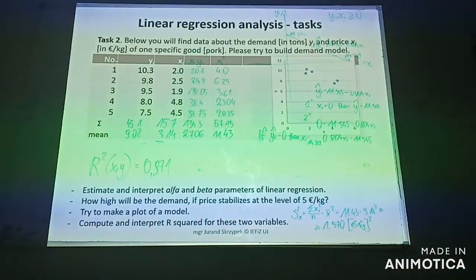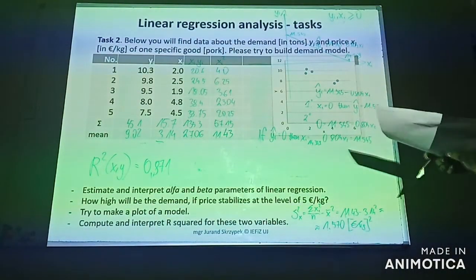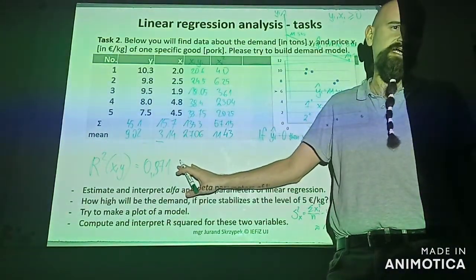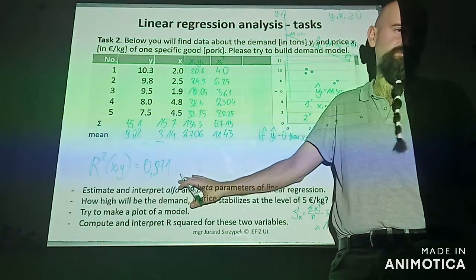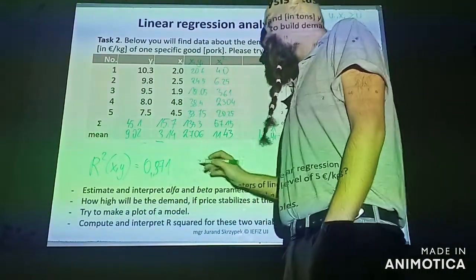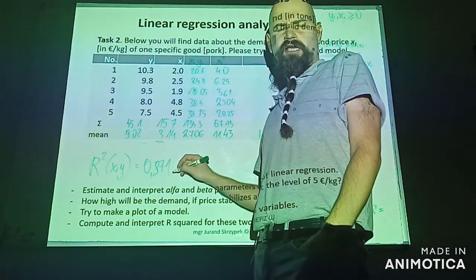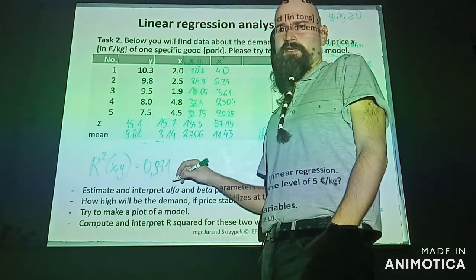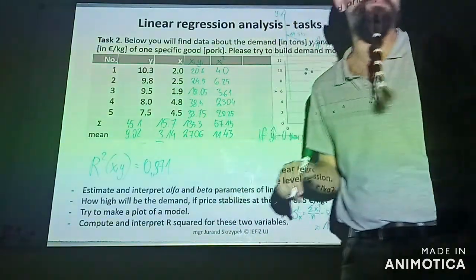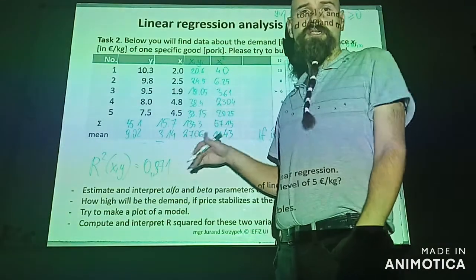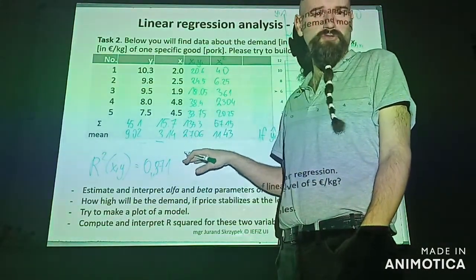Check it out at home. What does it mean? It means that the variability of the price explains the variability of the demand in 87%. It means that we have achieved a high degree of match of the model to the empirical data. So our model, our parameters are very well estimated.